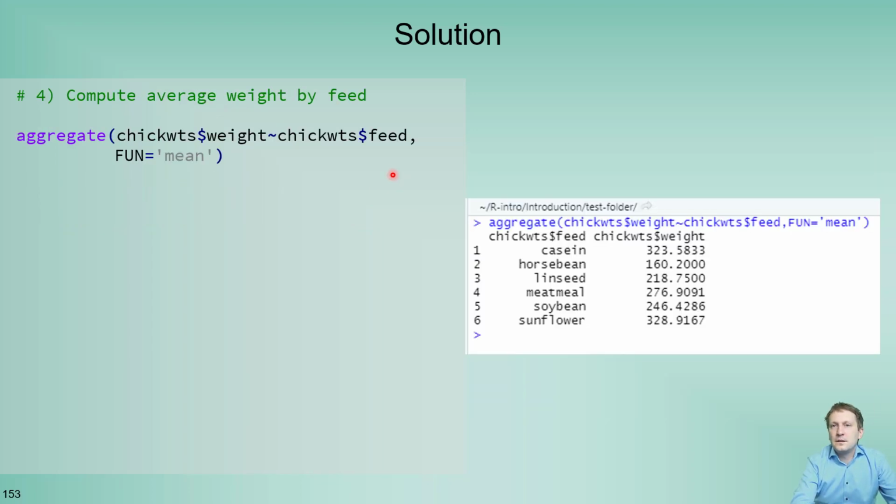All right. And then compute the average weight by feed. I'm using the aggregate function here, but you could also use the by function or the tapply function if you want. So here it would be aggregate chickwts$weight tilde chickwts$feed, and then FUN equals mean, and then you have the corresponding means.